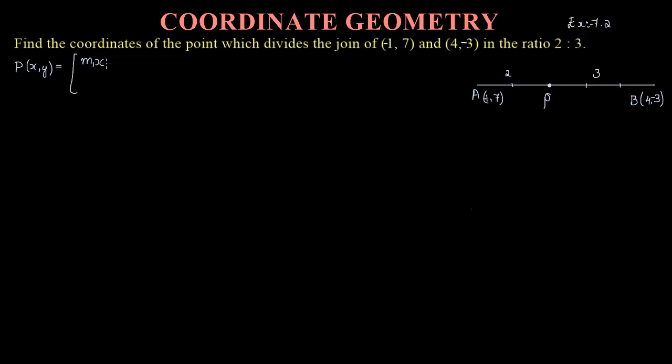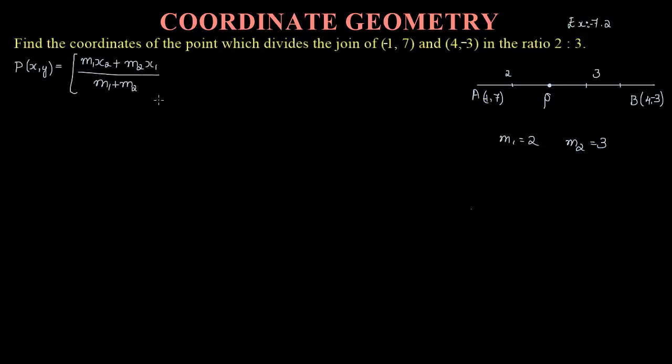m1 x2 plus m2 x1. It is just the opposite. If you have taken the ratio like this, m1 and m2, what are the ratios they have given? They have given m1 equals 2 and m2 equals 3. Then you have this divided by m1 plus m2.